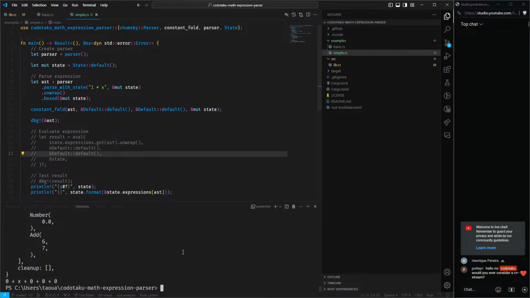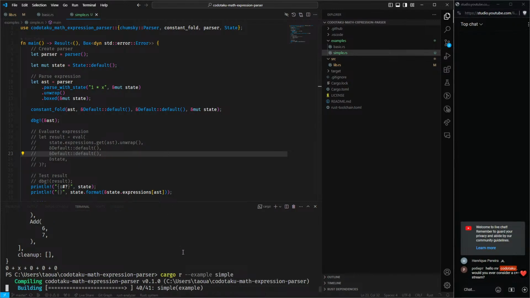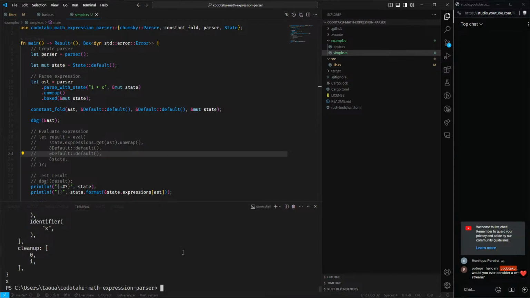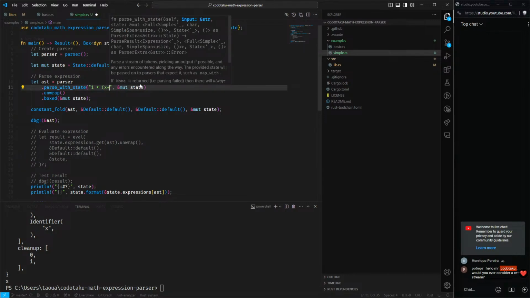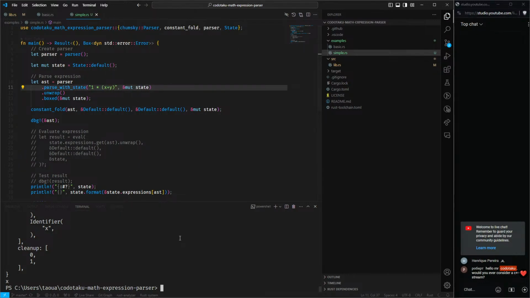So if you have 1 times x, it should simplify to x. There you go. Great. If you even have 1 times x plus y, that would still work, yeah? Interesting. Actually, that doesn't work. Okay.